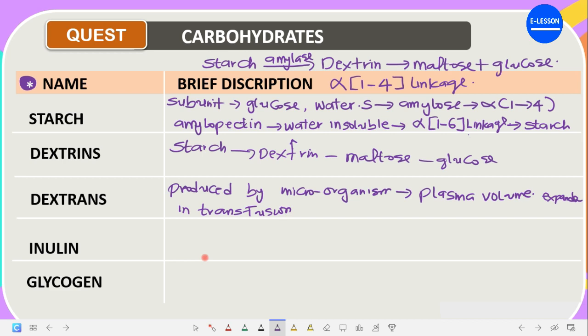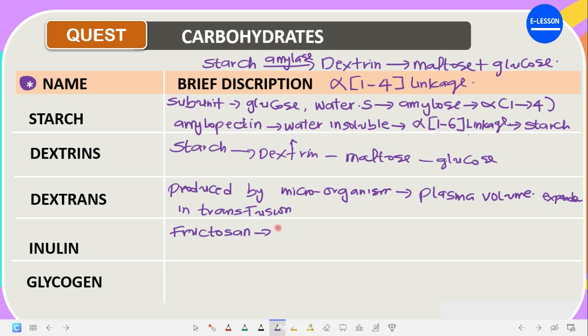The next one is inulin. Now we said starch and dextrin are all glucose. Inulin is a fructose subunit. So if it is a fructose subunit, what would you call it? You call it a fructosan. Now, inulin is not utilized by the body.